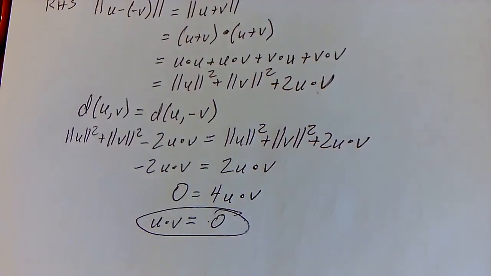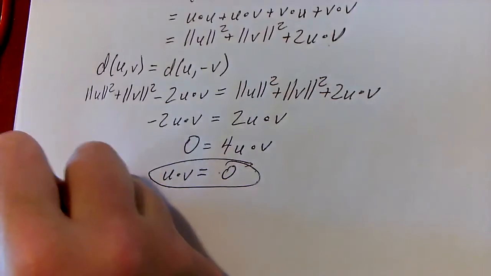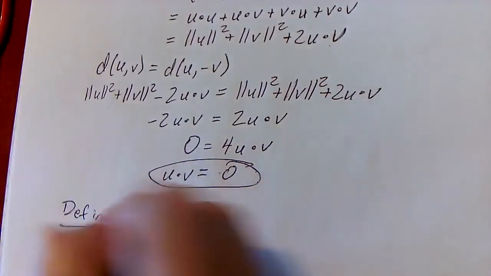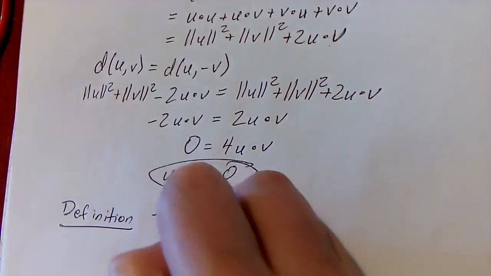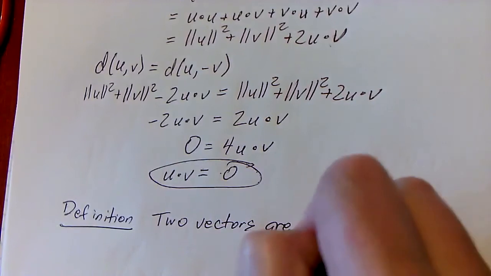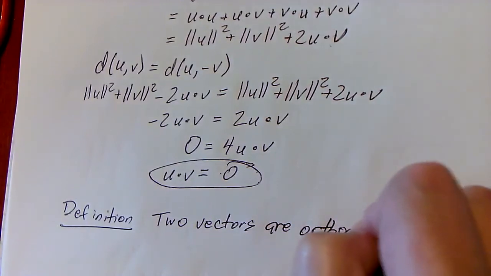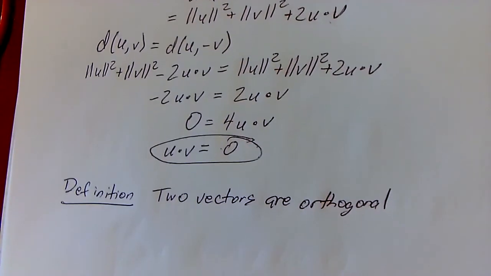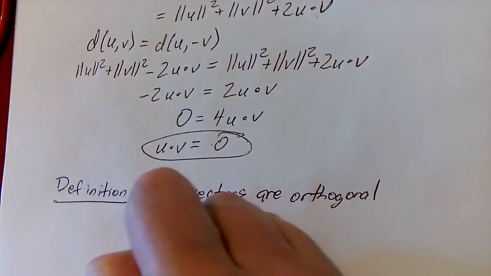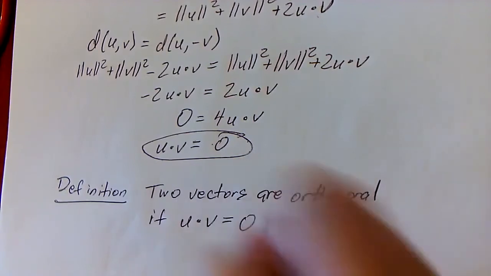So our definition then is that 2 vectors are orthogonal if u dot v is equal to 0.